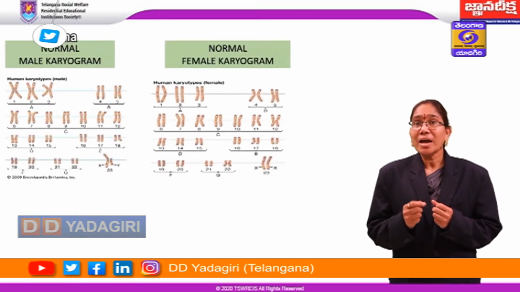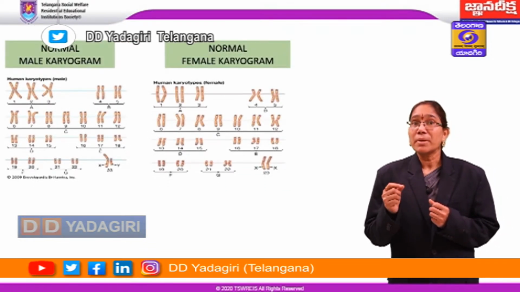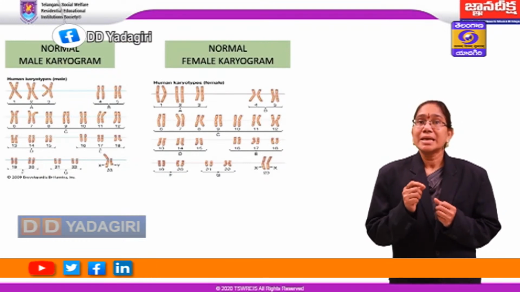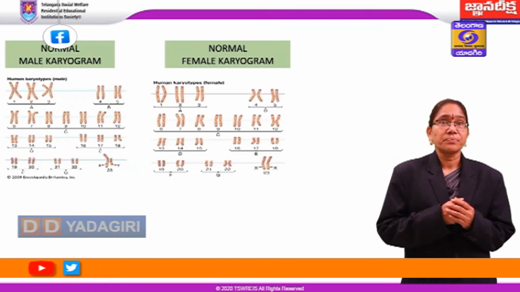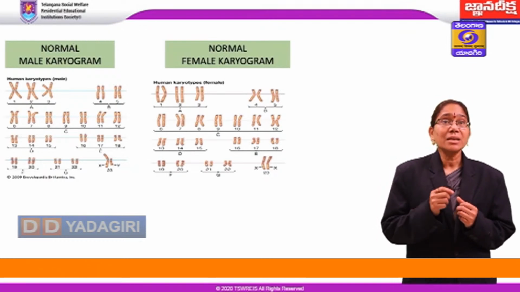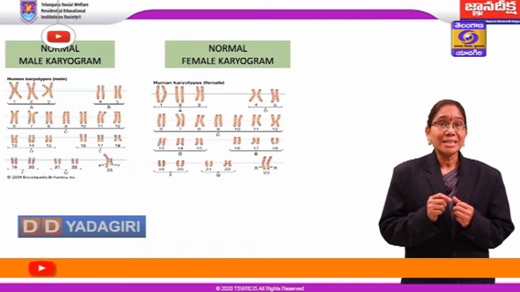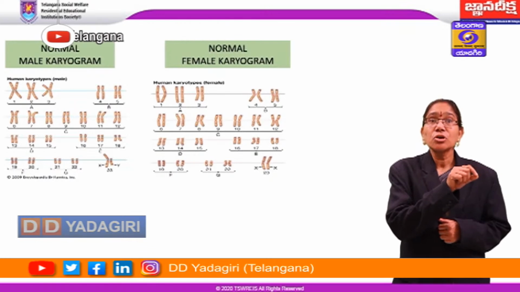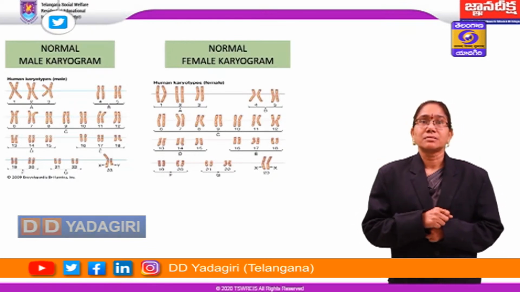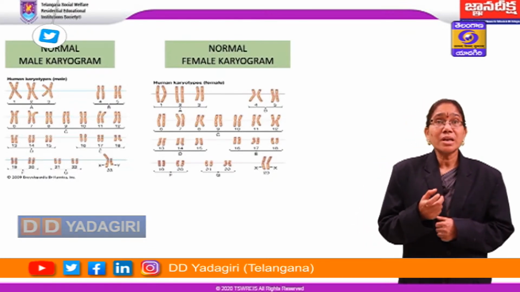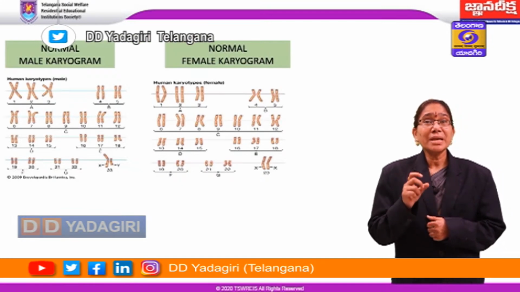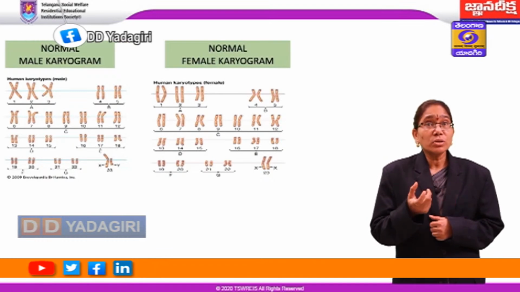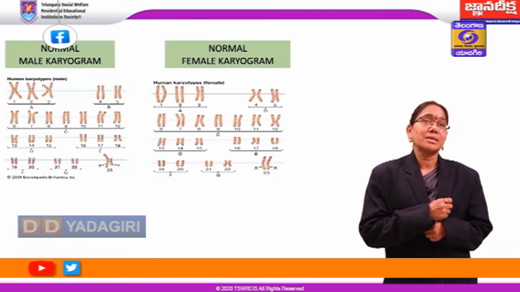One with XY chromosomes is a male karyogram and the other with 2 X chromosomes is a female karyogram. One thing we need to observe is that all the chromosome centromeres are arranged on a horizontal line. Once a karyogram is prepared, it should be analyzed by a cytogenetic analyst to find out the chromosomal abnormalities.